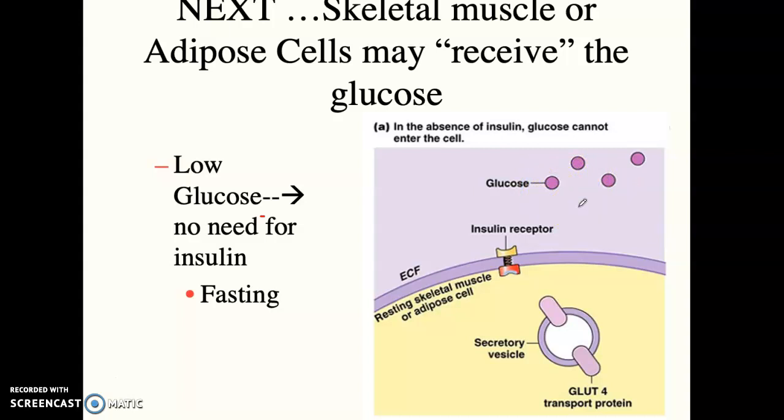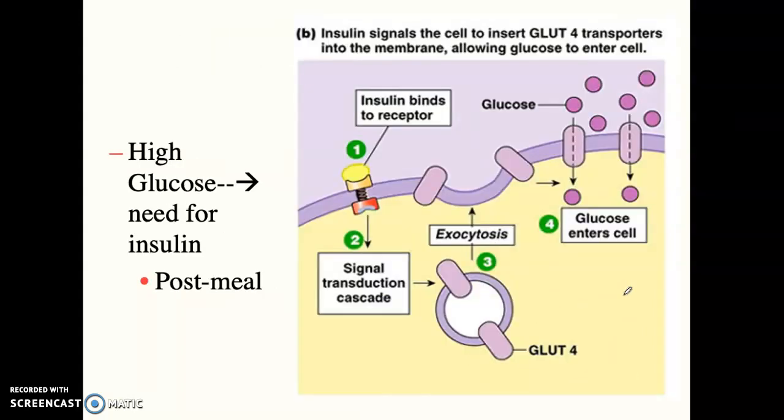And in the absence of insulin, the glucose cannot come into the cell because this transporter, which is the GLUT4 transporter, is inside the cell instead of here. It's essentially not inserted. So what we need to happen is we need to get that GLUT transporter that's here, which is really a channel, bring it to the edge, and in that way allow glucose molecules to enter this particular cell that needs it.